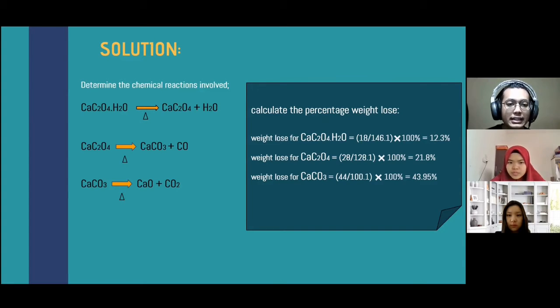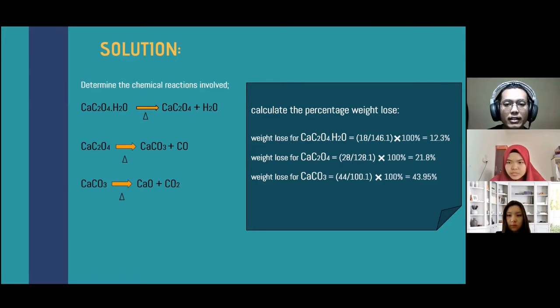At a temperature of 500 degrees Celsius, the carbon monoxide will be lost. And for the third stage, calcium carbonate will be heated and decomposed to calcium oxide and carbon dioxide. Carbon dioxide will be lost at a temperature of 650 degrees Celsius.